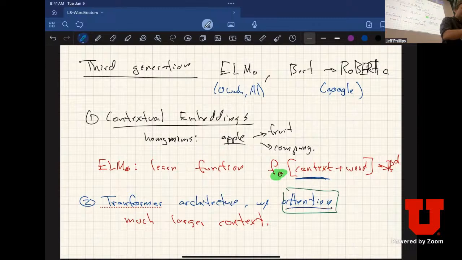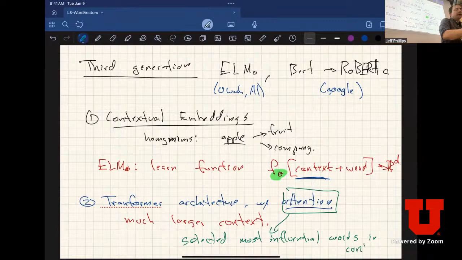So I could have a much bigger context now, and look back several sentences in order to predict what should come next. And this allowed us to do this in a scalable way.